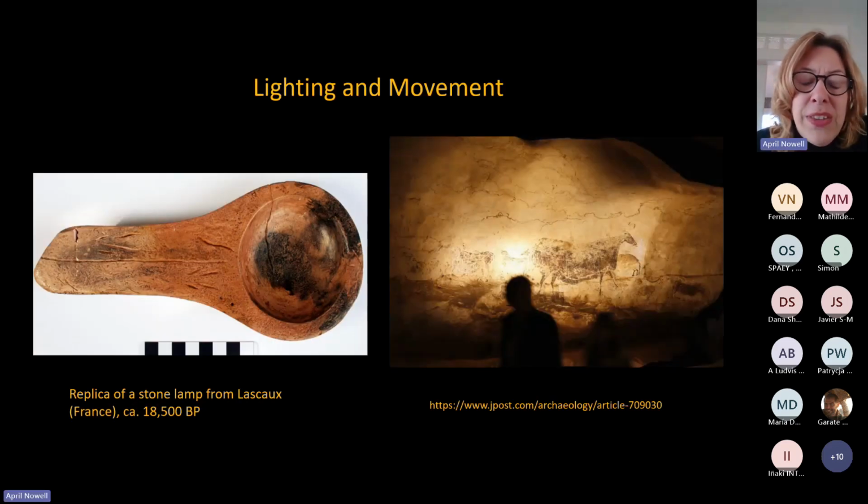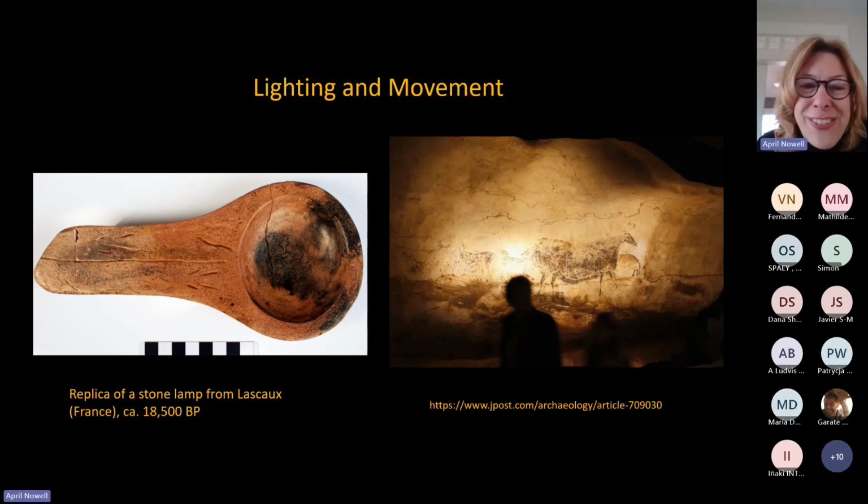Cave artists are also well known for using light, and some of that work is coming out of your university, obviously, how people are using light to be able to create the art and to also experience the art. It's really an important aspect that we sometimes forget about when we're looking at these images in books.